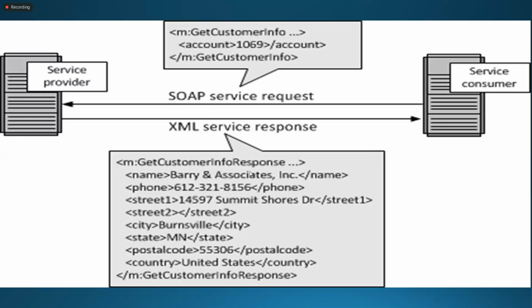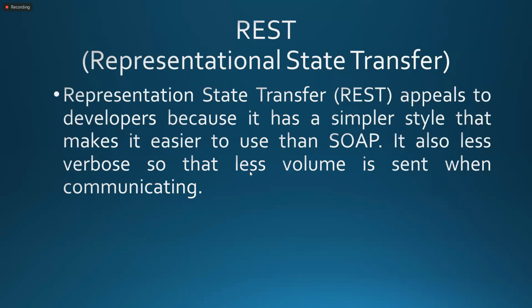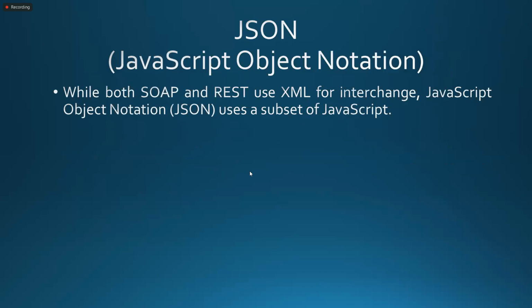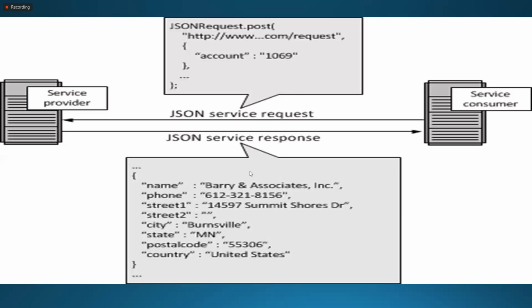Provider will send an XML response. REST, representational state transfer. Consumer will send a query and provider will send an XML or JSON. In JSON, both request and response are in the format of JSON. That is how the communication happens.